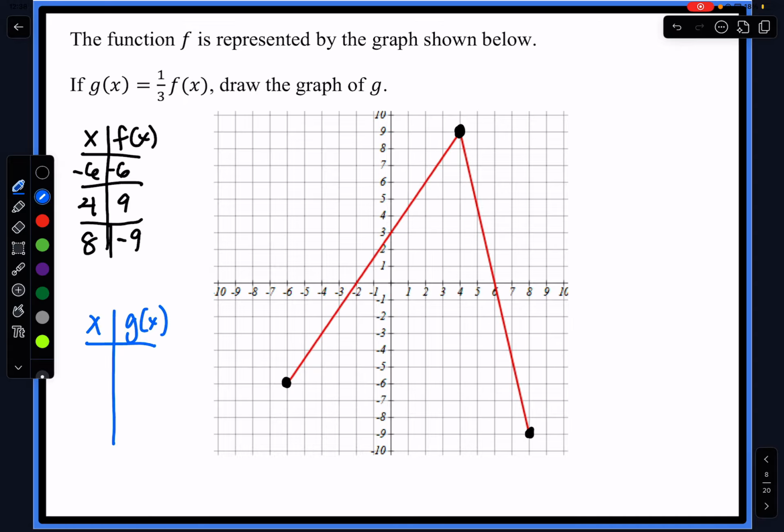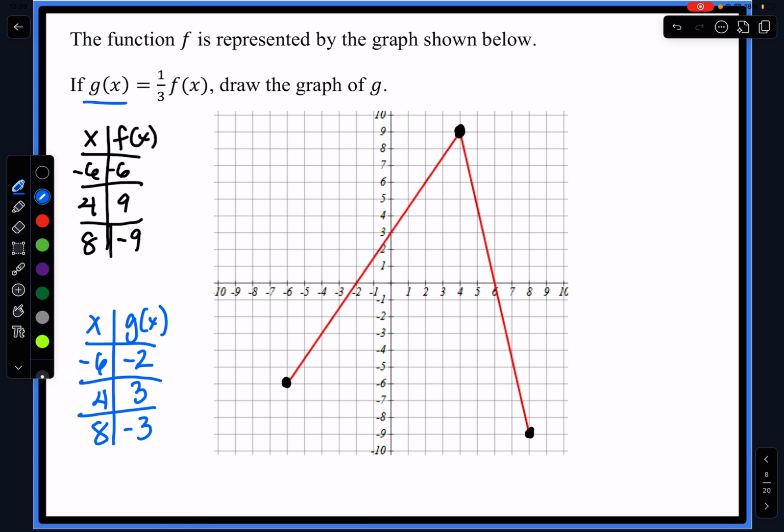And the coordinates for this graph, the transformation, are going to have the same x values as f, but all the y values, aka the f of x values, are multiplied by 1/3. So -6 times 1/3 is -2, 9 times 1/3 is 3, and -9 times 1/3 is -3.